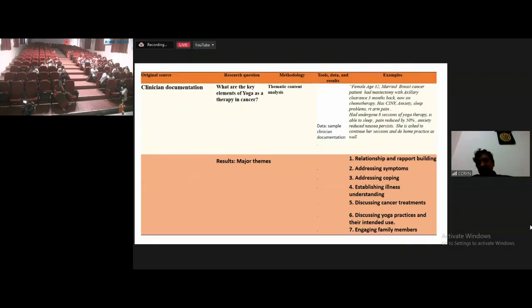Okay? You can discuss cancer treatment with these patients, discussing yoga practices and the intended use. Yoga practices are useful for nausea, vomiting, which is useful for managing fatigue, okay, which is useful for facial pain or arm pain. So all those things are very, very important for us to really tell the patient about what would be really best for them. Okay, this is clinician documentation.